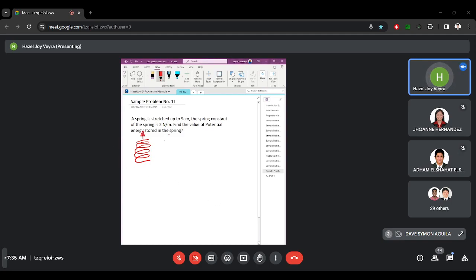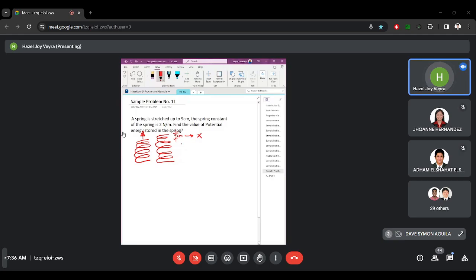So the final form is mas humaba yung spring. The displacement from this position up to this position is 9 centimeters. That is how much the spring stretched, and so ito na yung x natin. X is the displacement.